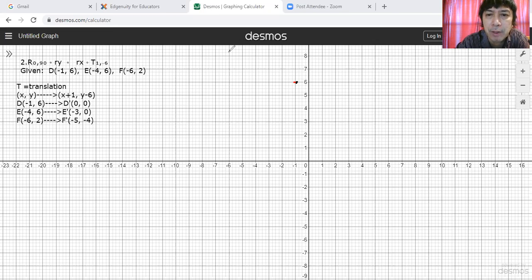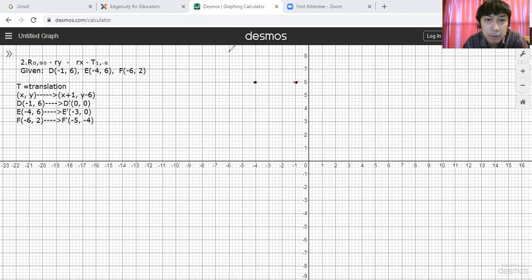Negative 1, 6, that's point D. Point E is negative 4, 6, that looks like negative 4 and up. Negative 4, 6.